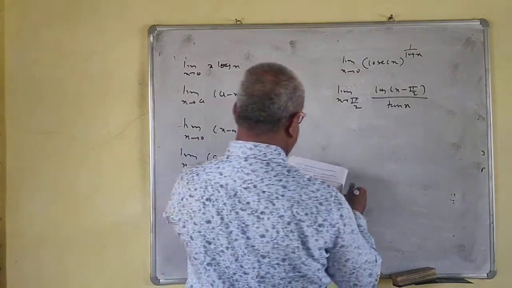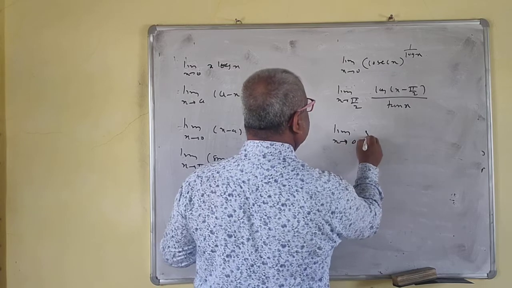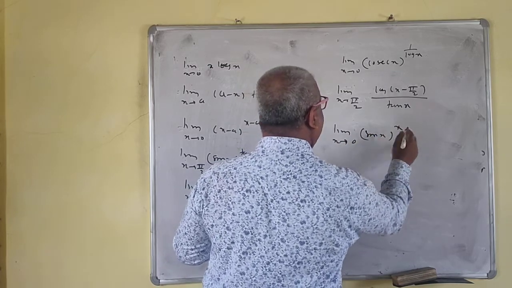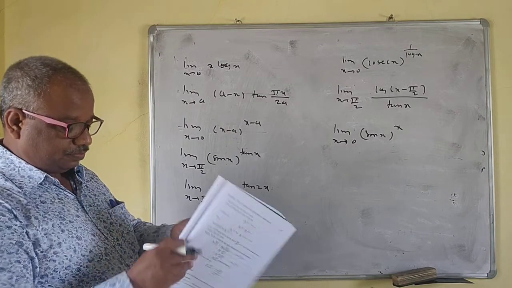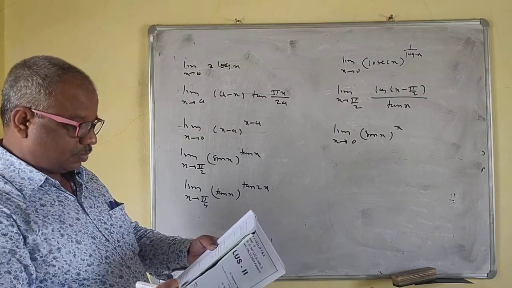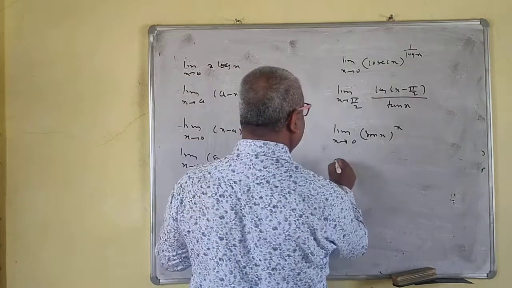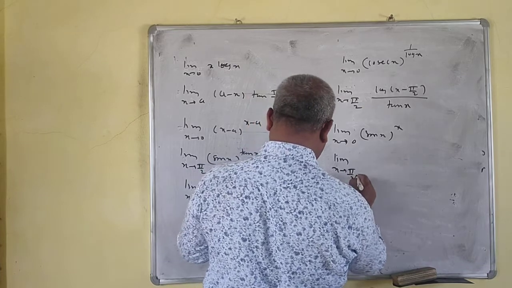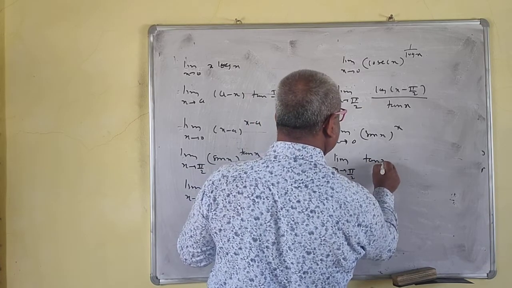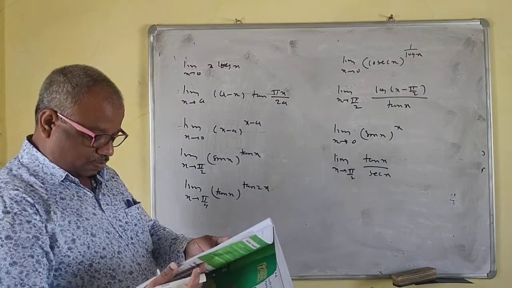Then limit x tends to 0, sin x to the power x. Limit x tends to pi by 2, tan x upon sec x. This is very simple.